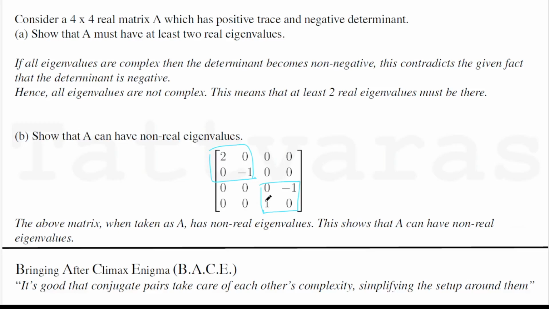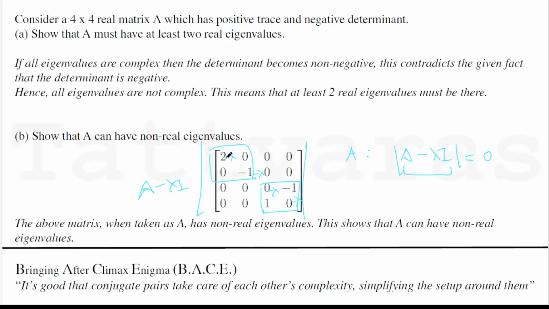We know that if we have a matrix A, then this determinant equated to 0 gives all the eigenvalues of A. But when we have a block-like structure, this is A, and when we do this A minus lambda I kind of thing with it, we would end up getting 2 minus lambda, this lambda, this minus lambda, this minus lambda. And then we have to take the determinant of this.